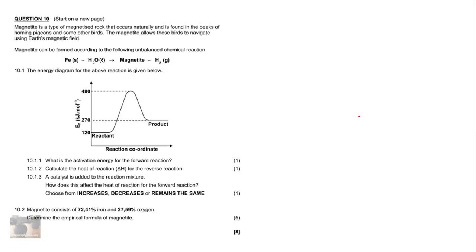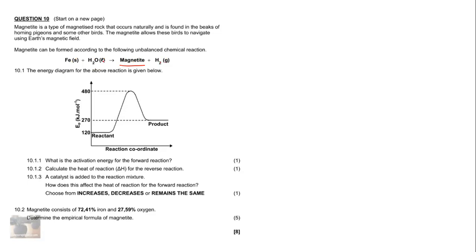But here we are under chemistry. Magnetite can be formed according to the following unbalanced chemical reaction. This is the formation of magnetite. Apparently, when iron reacts with water, it will form magnetite and hydrogen gas.